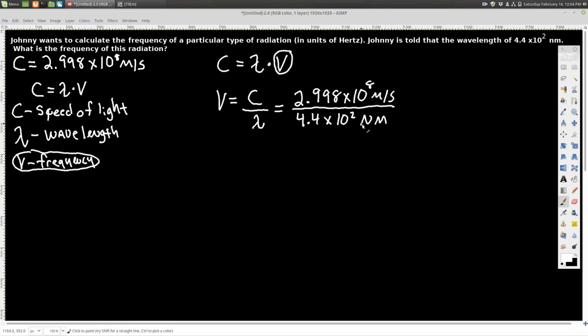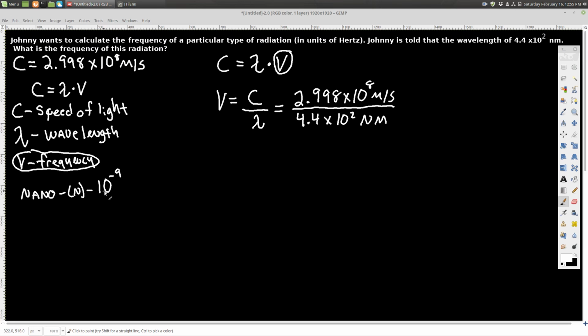We need to know that nano is a prefix in the SI system. The prefix nano, which is a little n, stands for 10 to the negative 9th.